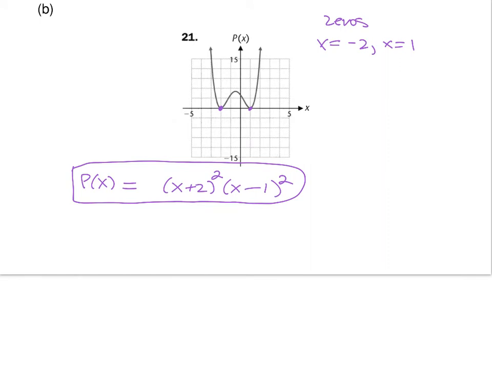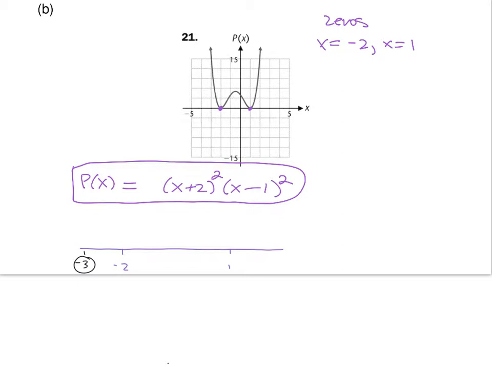We can also check it with a number line, so this wouldn't hurt. If you put the zeros on at -2 and 1, and you check a number to the left of -2, like -3, when you plug in -3, what is the sign of this first factor? Positive or negative? Positive. How about this next one?